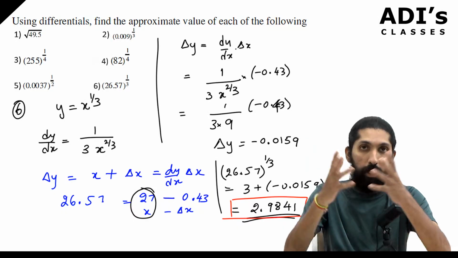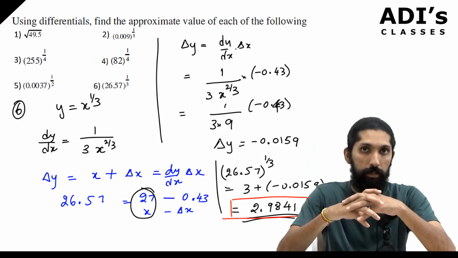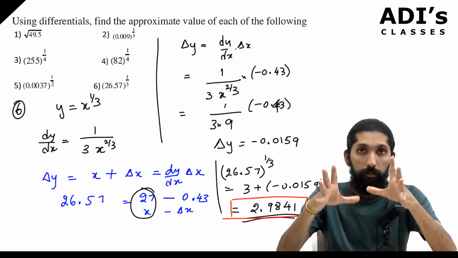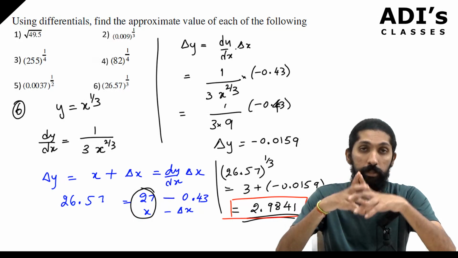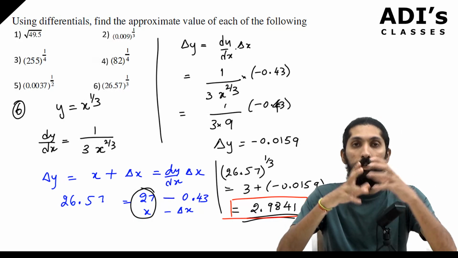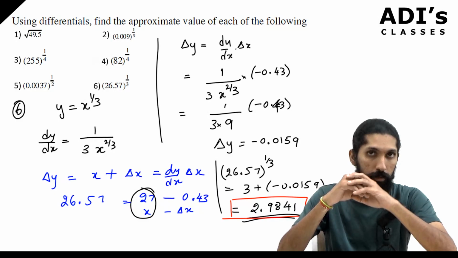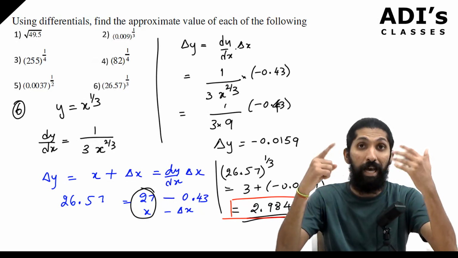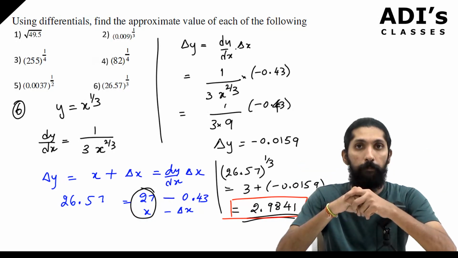Guys, these are the one type of problems. In the next video, you will see the next type. But in this particular type, one thing is common for all of them. That is the delta y value, correct? Delta y is dy by dx into delta x. That is common for each and every problem. This is one aspect of these type of problems.